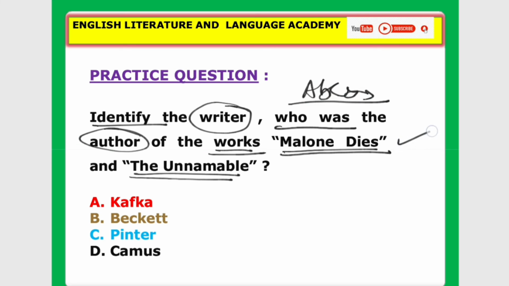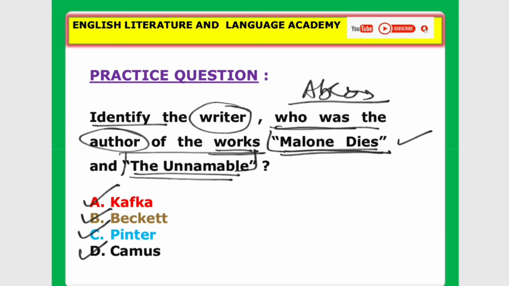So whose works are these? Here the options are: Option A, Franz Kafka. Option B, Samuel Beckett. Option C, Harold Pinter. Option D, Albert Camus. Please read about all these writers and find out who wrote works like Malone Dies and The Unnameable.